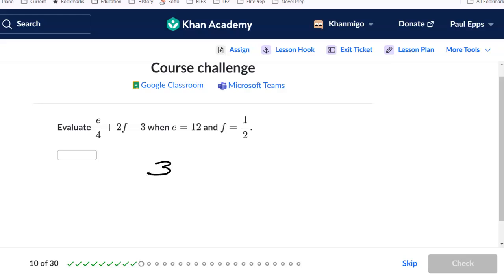Plus 2F. F equals 1/2. 2 times 1/2 is 1. 3 plus 1 minus 3 is 1. So let's put that here, 1.